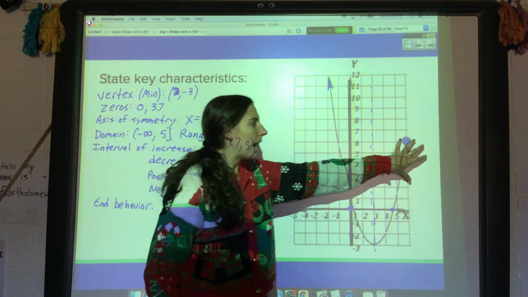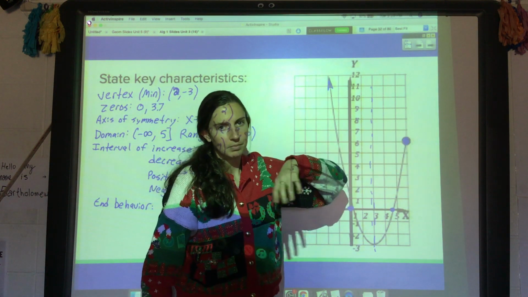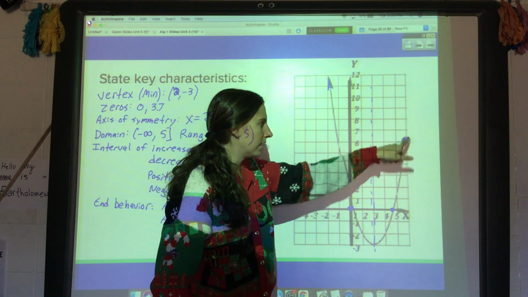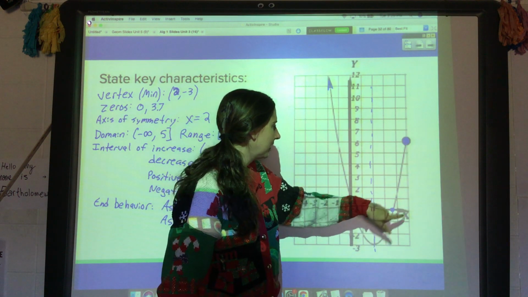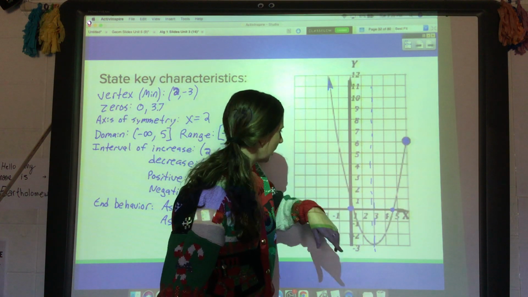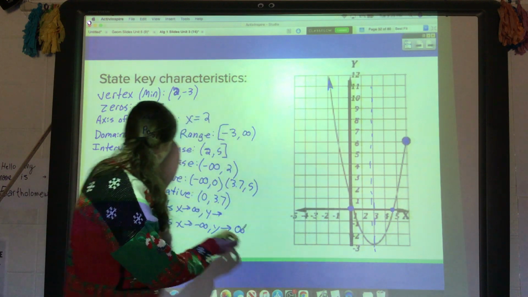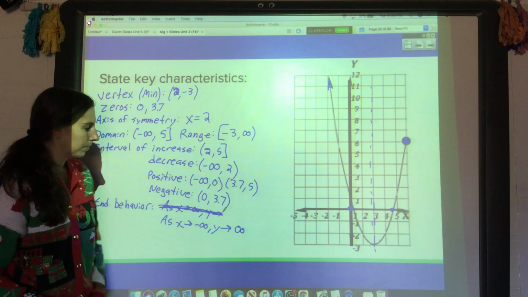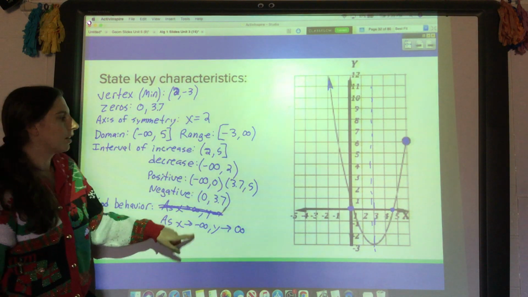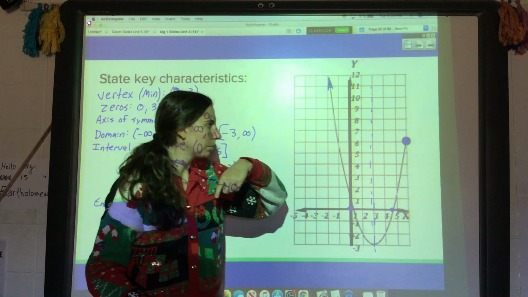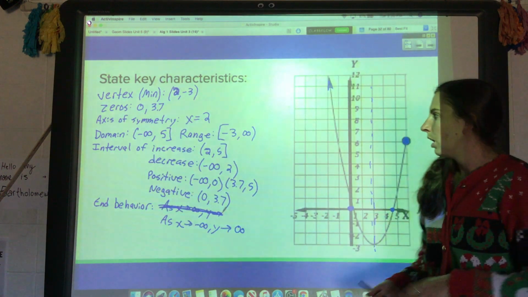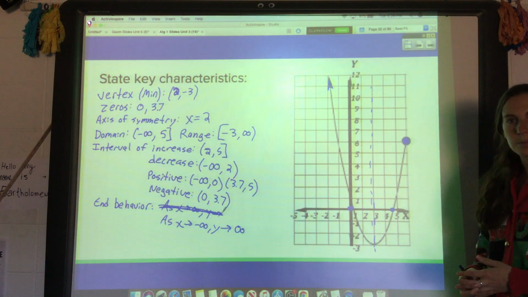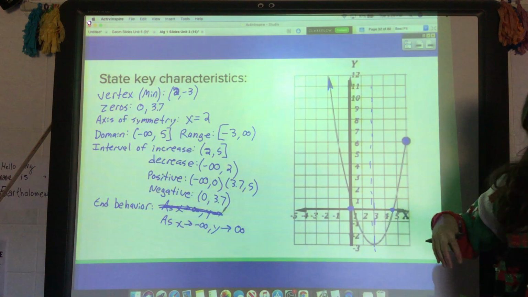On this end of the graph, it actually just stops. So the end behavior is that point, the point 5, 6, or whatever that is. So I'm not even going to put that one because it's not like it's approaching anything interesting, it's just an endpoint. So all we need to worry about here is that left end behavior that goes up. All right, so those are some key characteristics of this graph here.